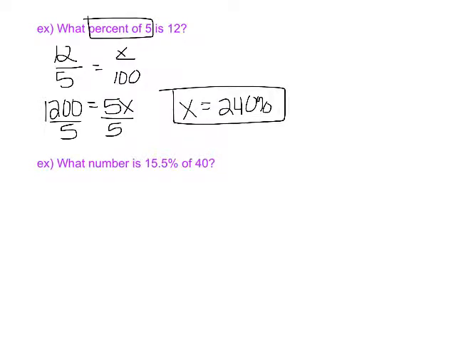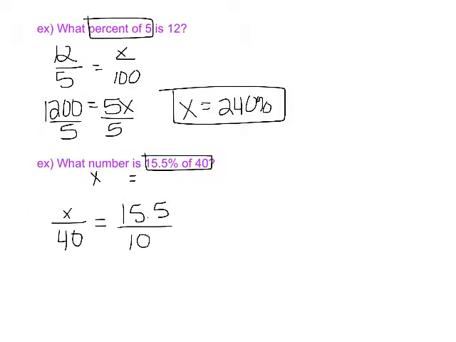What number is 15.5% of 40? So I see that I have the what number is, so I don't know what my number is, equals, and here's my percent and times my 40. I know that those have to be opposite each other. So I'm going to have my x over 40 equals 15.5 over 100.